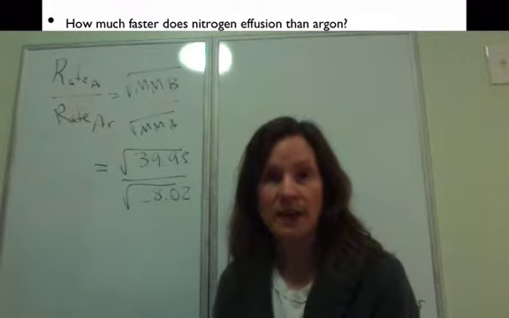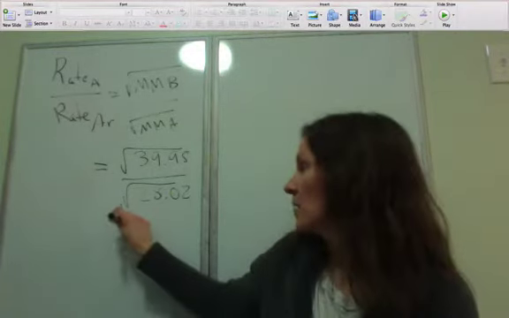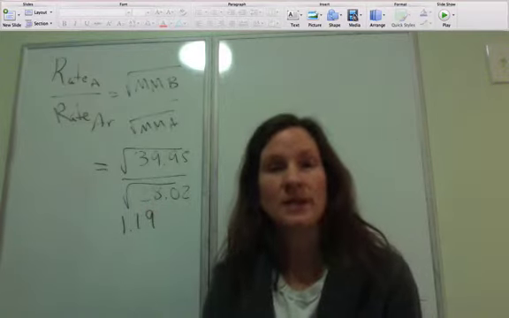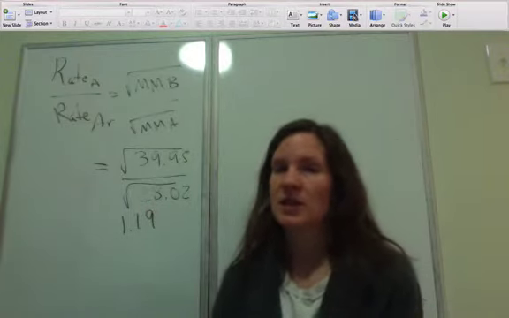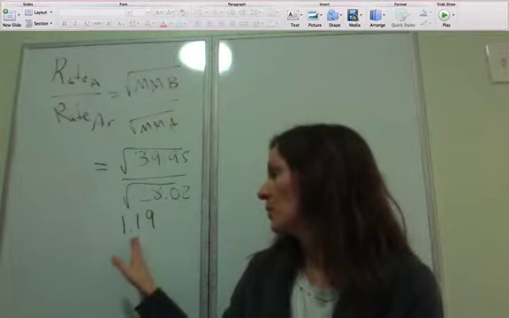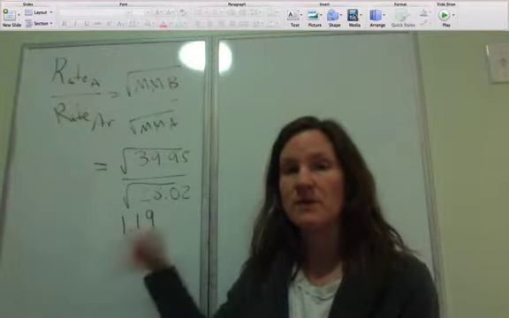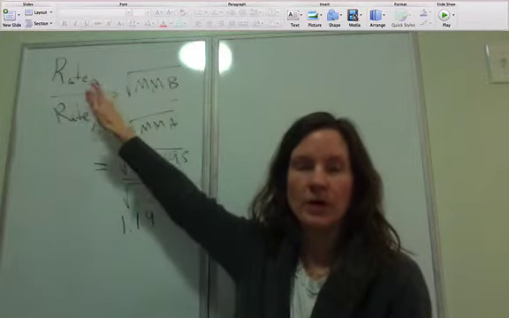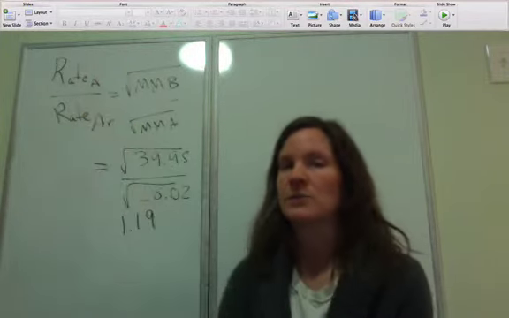If you solve for that, you should get 1.19. What that means in relation to rate is that nitrogen moves 1.19 times faster than argon, because what I've solved for is a rate ratio. What is my rate relationship between the two?